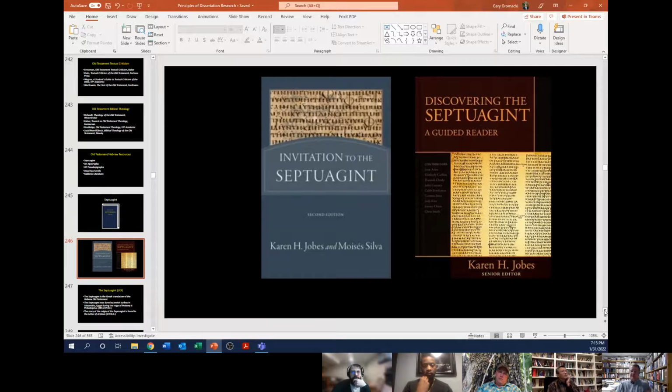If you start reading the Septuagint, again, the book by Karen Jobes, Discovering the Septuagint, a guided reader, is going to help you with vocabulary. It's going to parse keywords, especially the verbs. So this will be sort of a guide to help you in your translation.